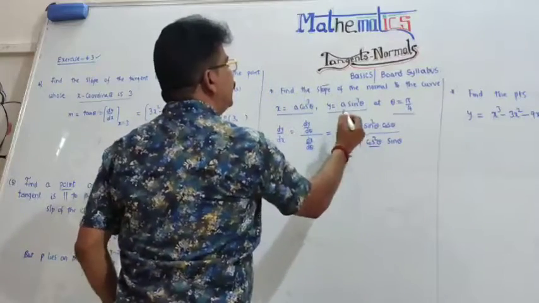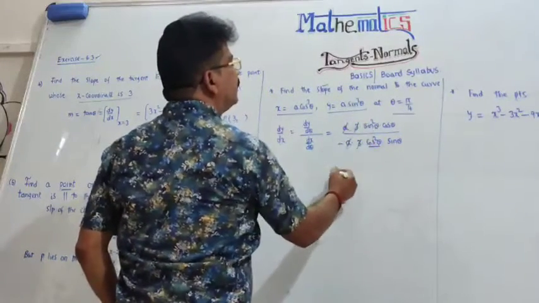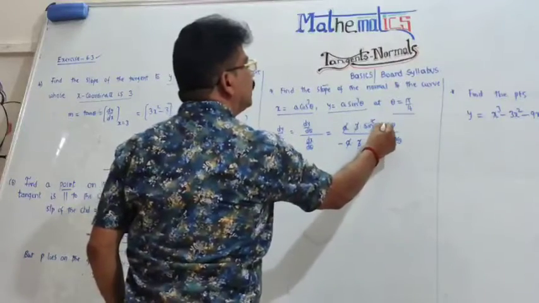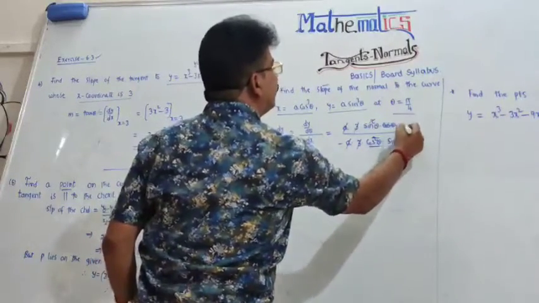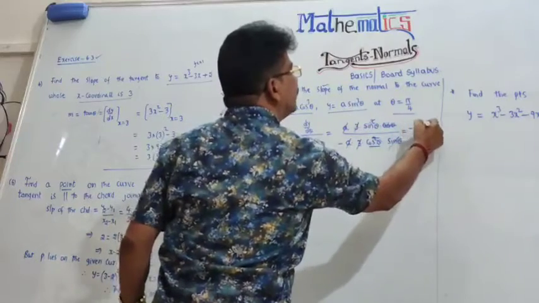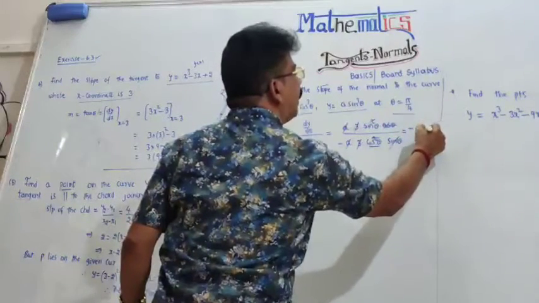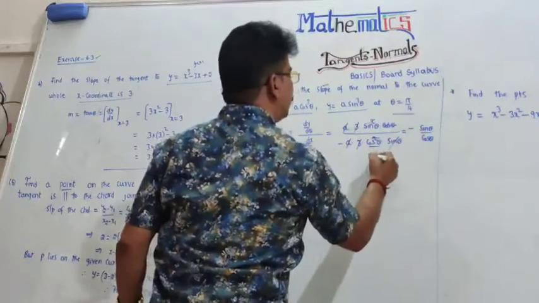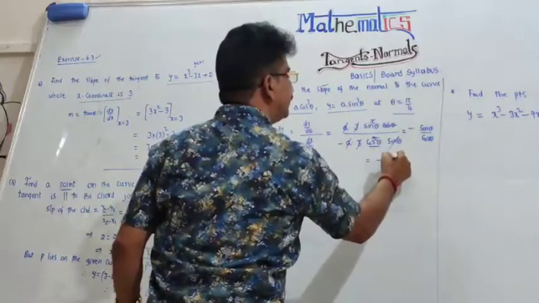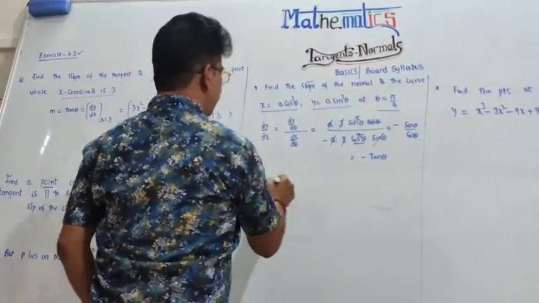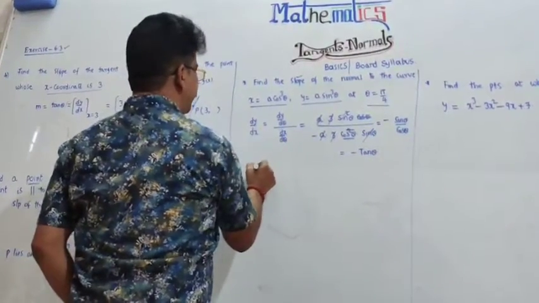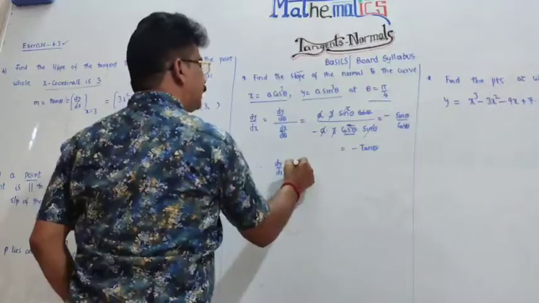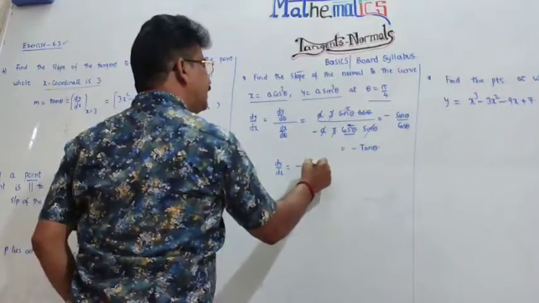So simply a cancels, 3 cancels, 1 sine cancels, 1 cos cancels. So it remains only minus sine theta divided by cos theta, that is equal to minus tan theta. So dy by dx is equal to minus tan theta.